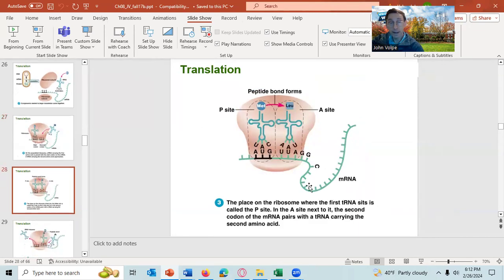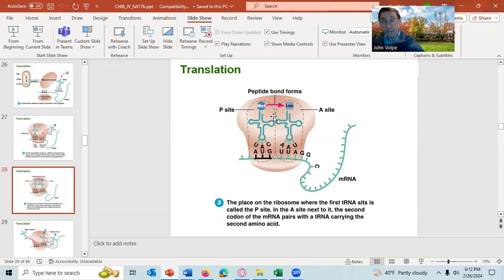The next thing that happens is the ribosome takes the amino acid off of the tRNA in the first site here, which in this case is methionine, and then binds this amino acid with a chemical covalent bond to the amino acid on the second tRNA here.